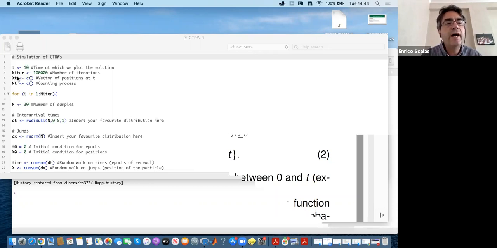Then we define the vector of positions at time t, which is in this case 10. 10 is in arbitrary units, but for physical processes you might have to add a unit of time, and this unit of time depends on the specificity of your process. If you are interested, we can go into these details in a separate discussion.